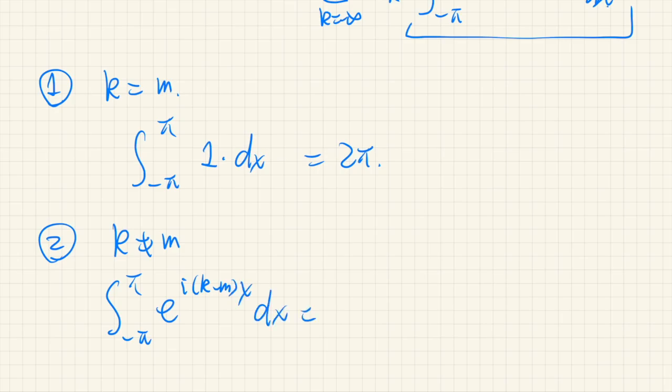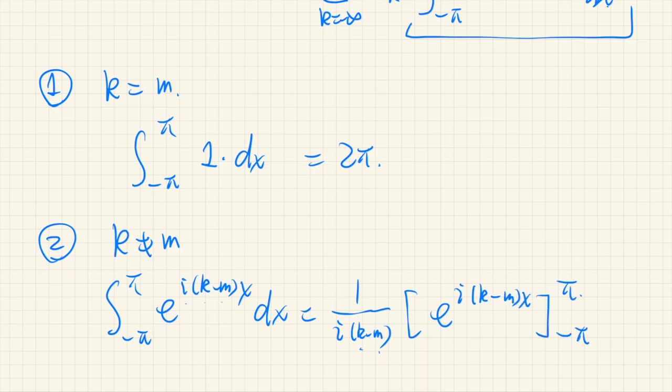So we can just treat i (k minus m) as a constant. So it's 1 over i (k minus m). Now, this is not 0, so it's okay to divide by this. And exponential i (k minus m) x evaluated from negative π to π.